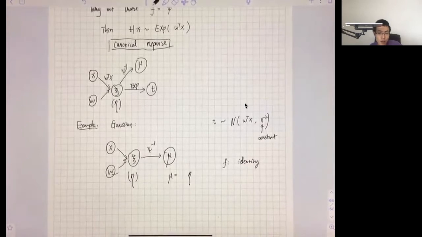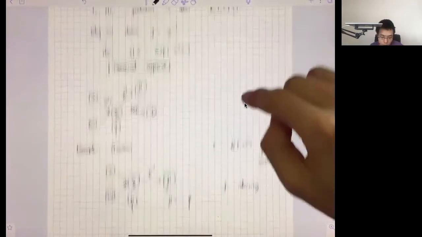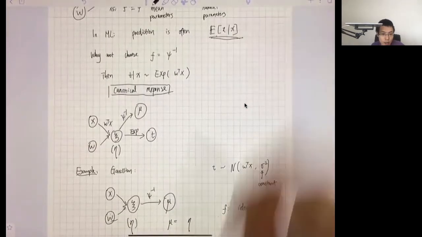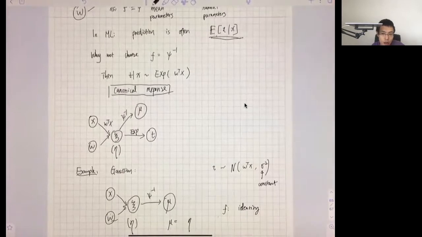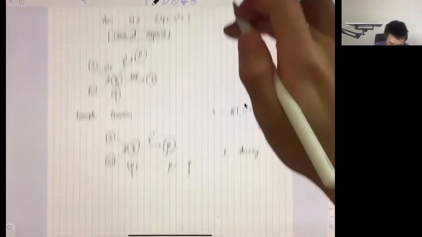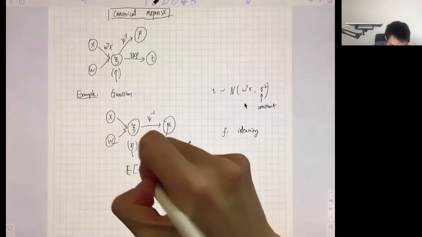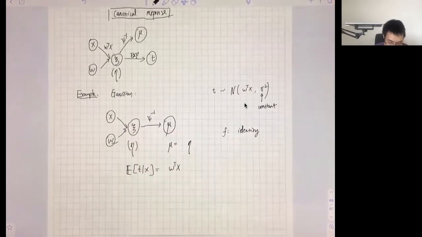Theoretically, you should multiply it with the variance, but you can absorb the unknown variance into your weights. So the expectation of my T given X is just W transpose X. This is the Gaussian case.